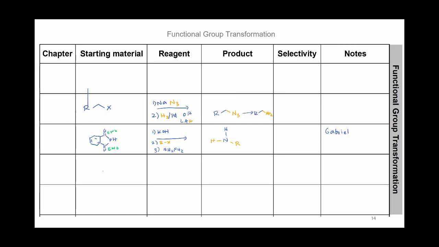The next reaction, you can use this to make a primary, secondary, or tertiary amine. This uses an aldehyde or a ketone. And then you're going to use an amine. Can be primary, secondary, it could even be ammonia.